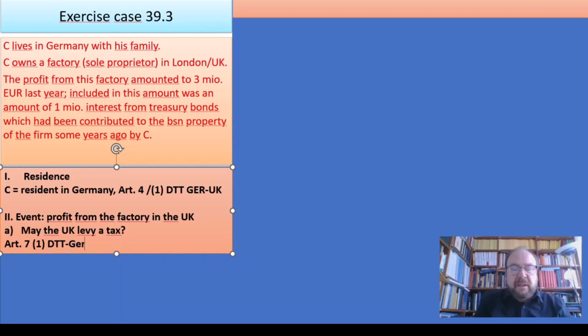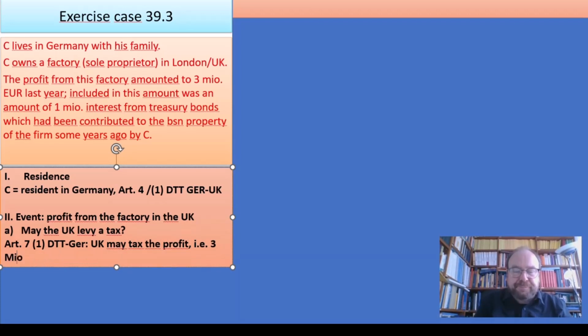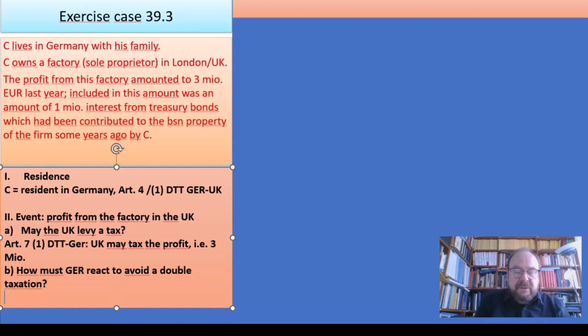So UK may tax the profit, so the 3 million. How must Germany react to avoid a double taxation? That should be again in Article 23.